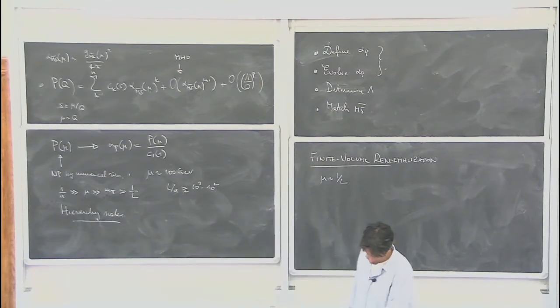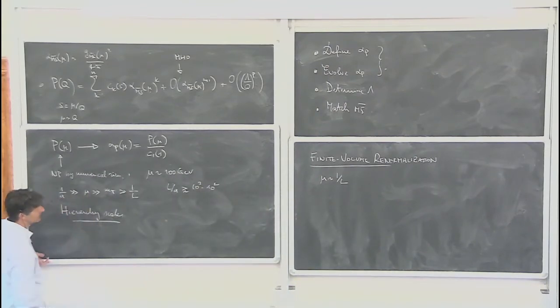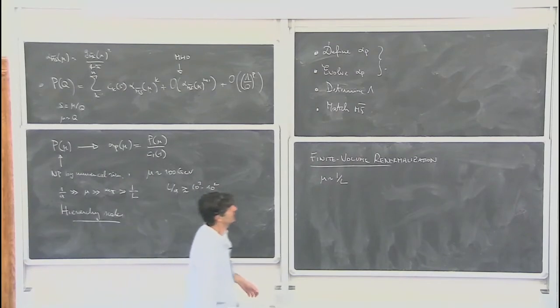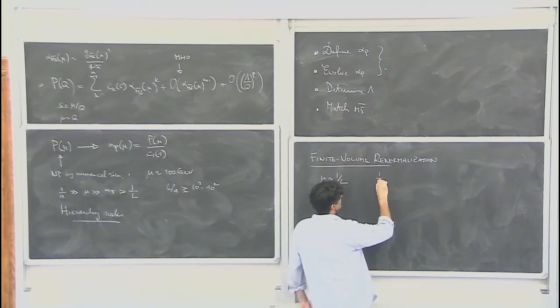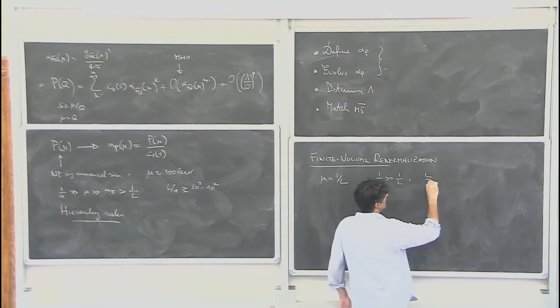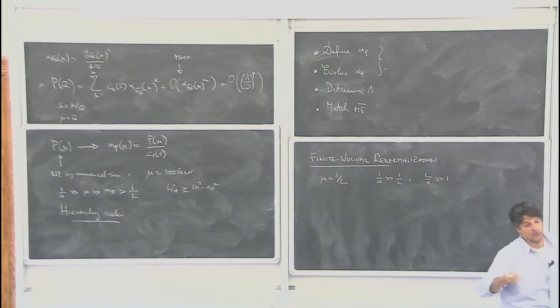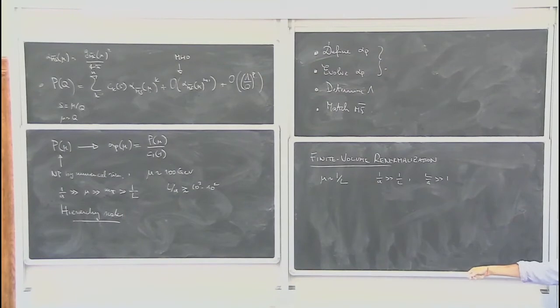And this is okay. We can have 1 over A much larger than 1 over L, which means L over A much larger than 1. So you don't need to go to 10 to the 4. These days, we can easily get to L over A of the order of 100.